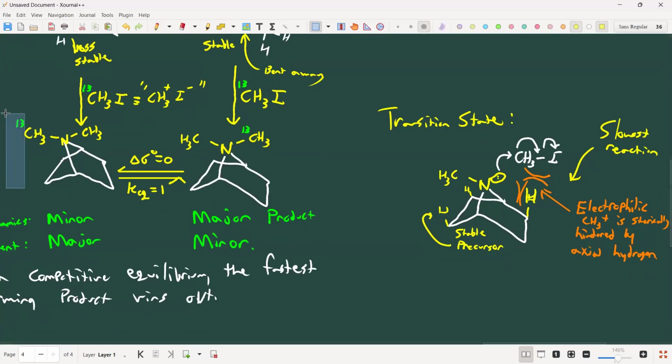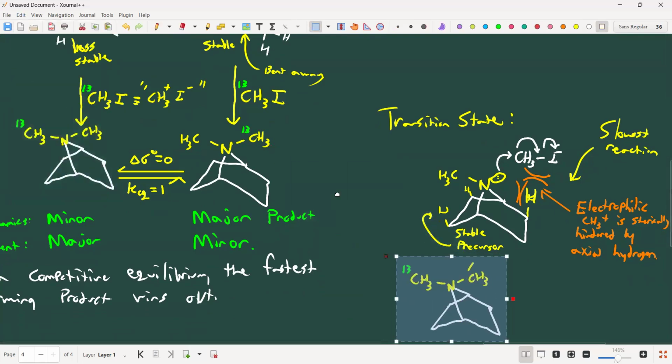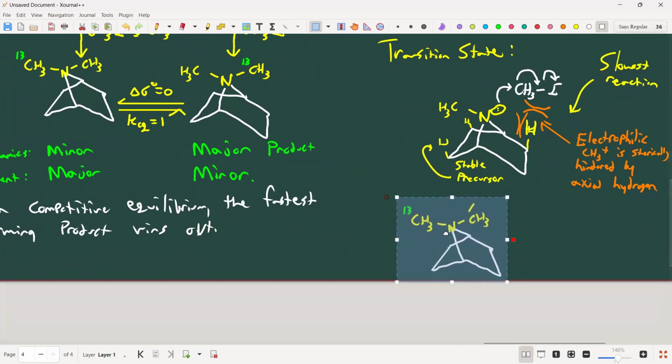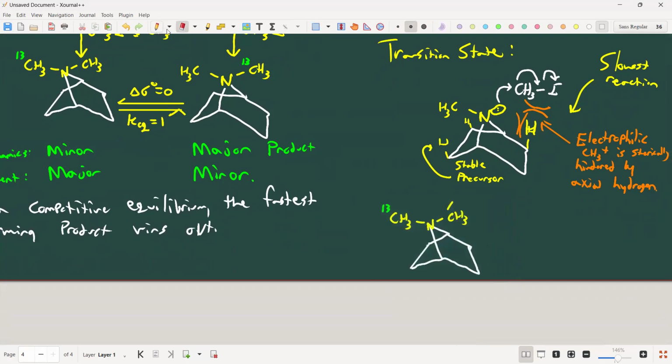Meanwhile, if we look at the other material, again, we have that lone pair sitting here, and we have these hydrogens that are kind of pointed out in this direction, like that. Here, that hydrogen that was interfering before on the opposite side of the ring is now not really pointed in the same direction anymore.